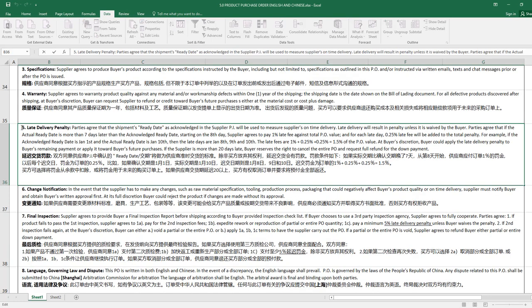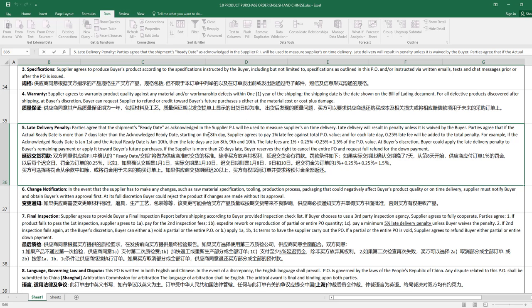Number 5 is late delivery penalty. You can read through this entire paragraph, but the two critical points are the window is 7 days. If they're within the 7-day window, they're not late. If they are after the 7-day window, they are late.